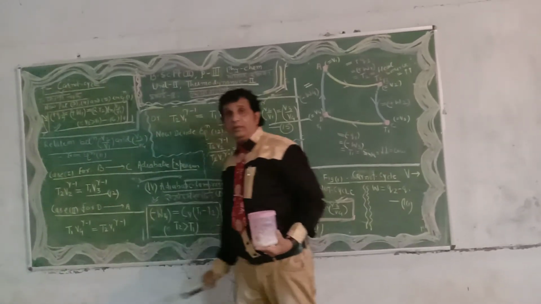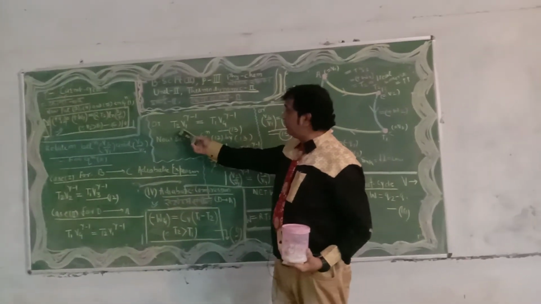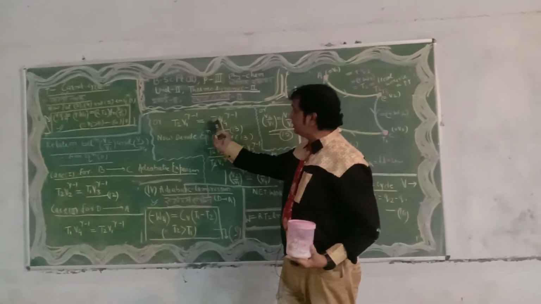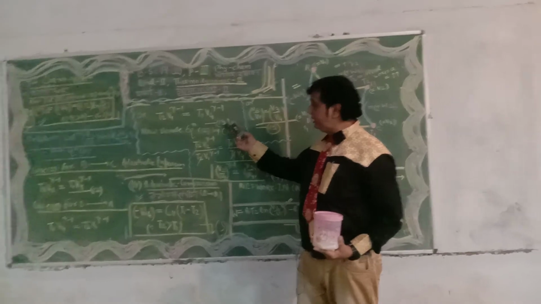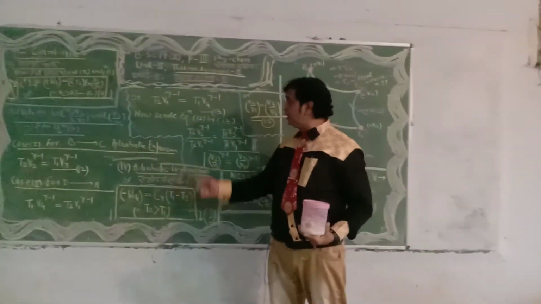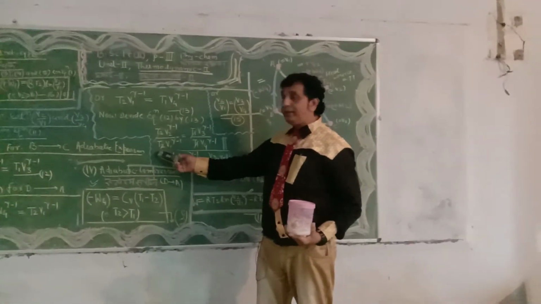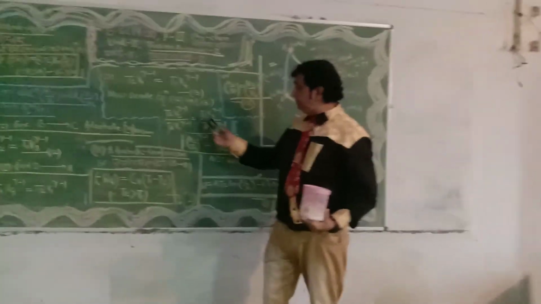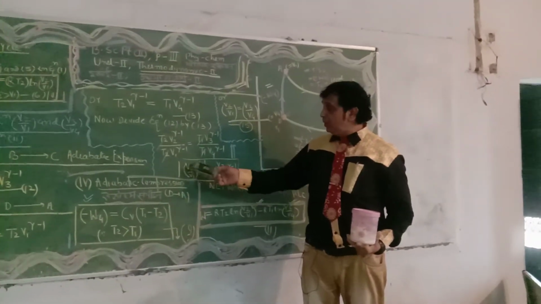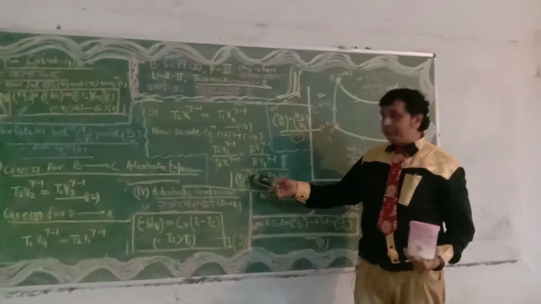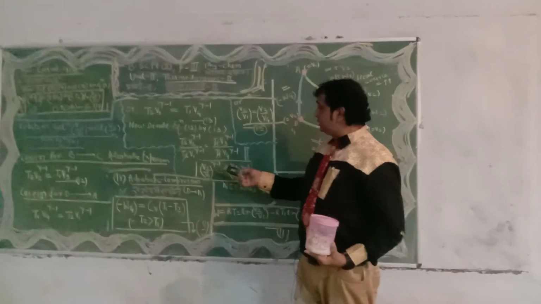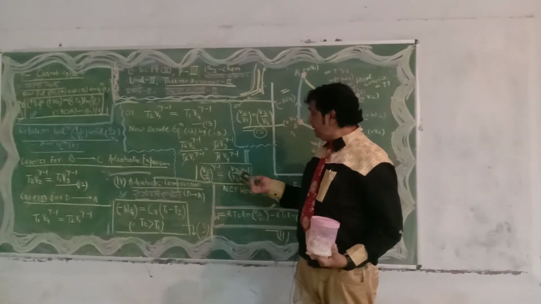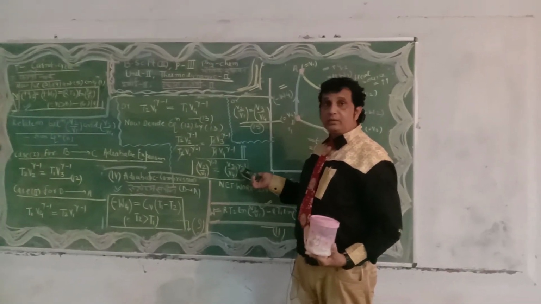Transposing both sides, we have T2 V1 to the power gamma minus 1 is equal to T1 V4 to the power gamma minus 1. Say equation number 13. Now divide equation 12 by 13. T2 will be cancelled by T2, similarly T1 will be cancelled by T1. V2 upon V1 to the power gamma minus 1 is equal to V3 upon V4 to the power gamma minus 1. Similarly, gamma minus 1 cancels with gamma minus 1.